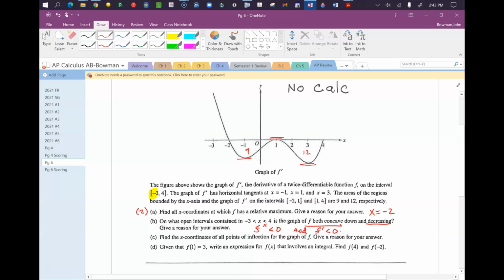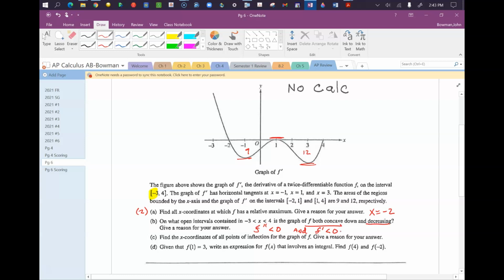So f double prime is the slope of f prime. So effectively what we're saying is f prime has to be decreasing and f prime has to be negative for f to be concave down and decreasing.